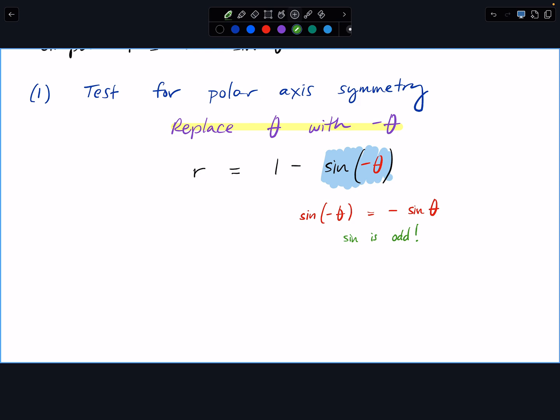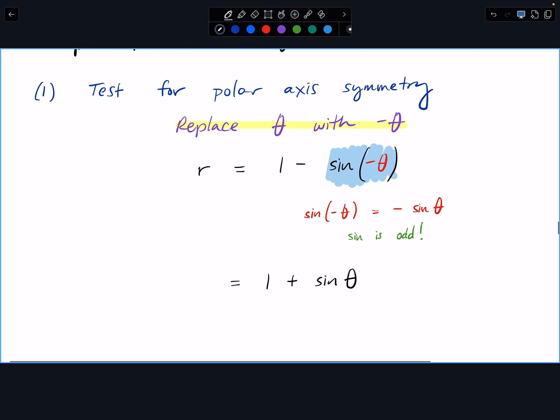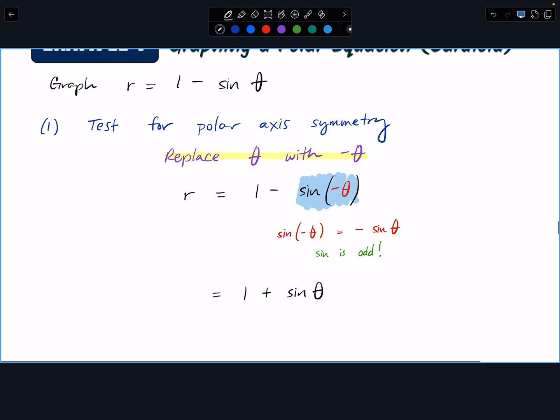If I know that, I'm going to plug this in right here. But do you see how there's already a minus right here? What's going to happen to the double negative? It becomes a positive. So it becomes 1 plus the sine of theta. Now compare what I wrote in black right here. Is this the same as what I started with?